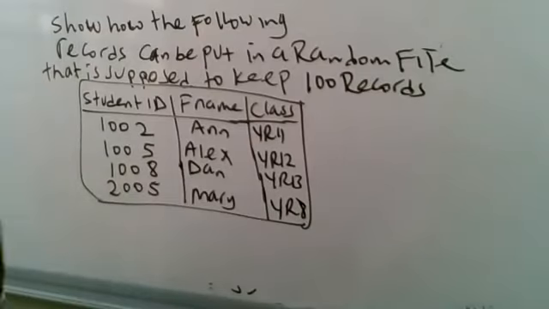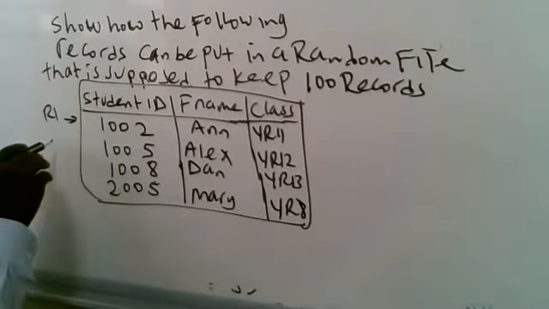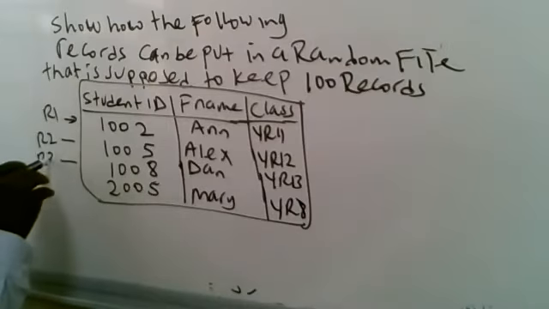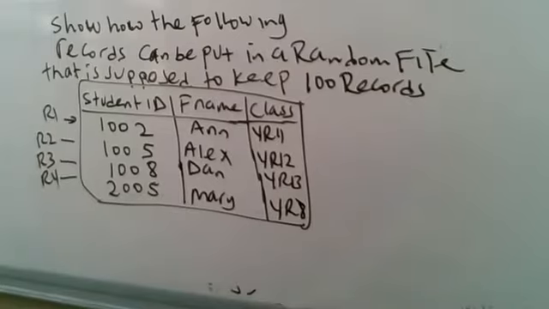The file is supposed to keep a maximum of 100 records, and we have these IDs, or these records. So this is the first record, record 1. This is the second record. This is the third record, and this is the fourth record. They're supposed to be kept in a random file.